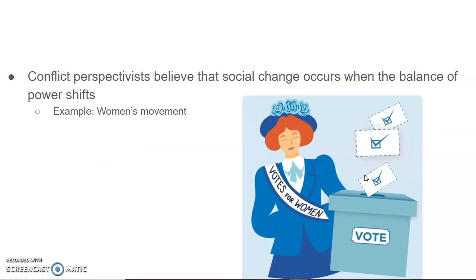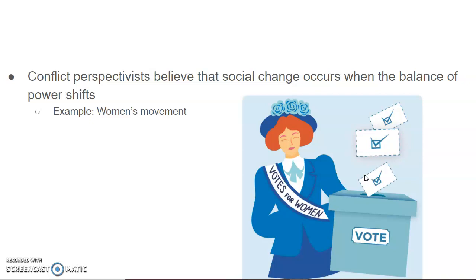Conflict perspectivists also believe that change occurs when the balance of power shifts. So if you think back to the 1920s, we just finished the First World War, and it's getting closer and closer to the Great Depression, and women had to play more of a role when the men were away fighting.